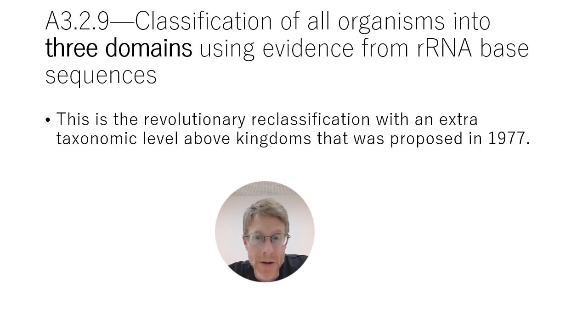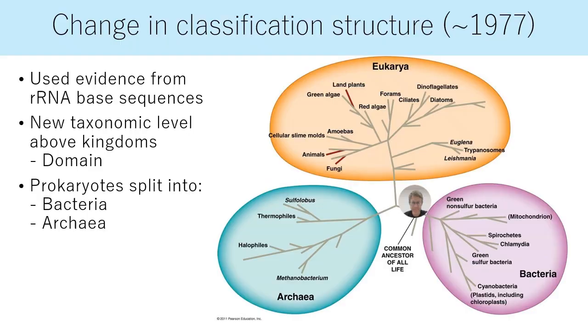And that was based on ribosomal RNA-based sequences, rRNA sequences. So again, it's an example of using more data, genetic data, to reclassify things and to reclassify them in a way that more closely matches their evolutionary relationships.